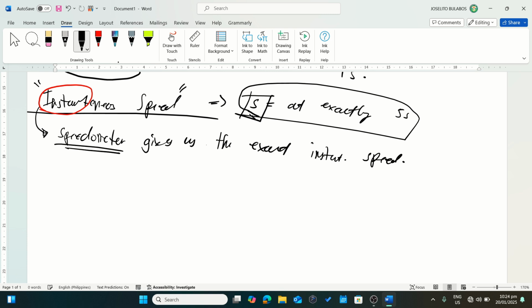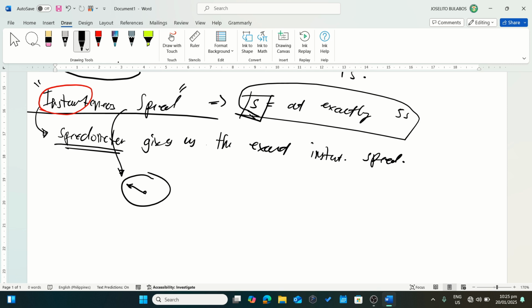So when you're riding your motorcycle and you look at the speedometer, then this actually gives us the instantaneous speed of the object at a given time.